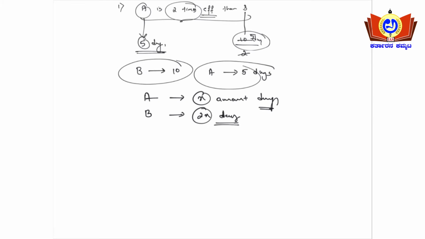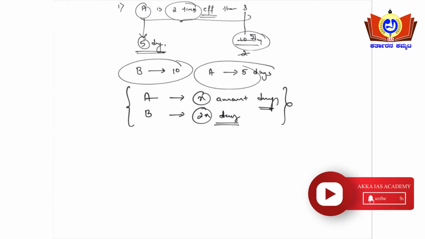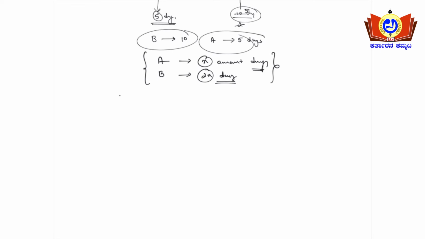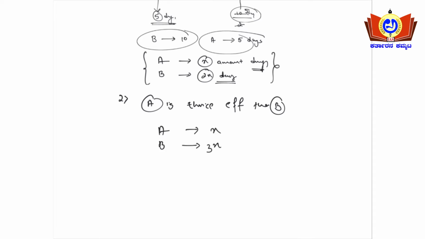While substituting these values in the equation, you need to be very cautious, right? If you make a mistake here, the whole problem will be misleading. So for example, consider again, A is thrice as efficient as B. If A is x, then B will be 3x.